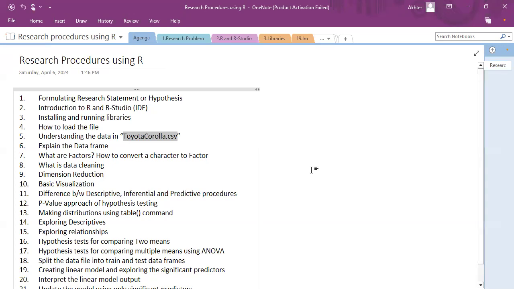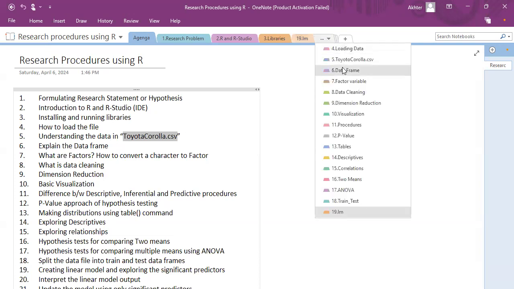These are very simple commands in R, which we will implement to specify the solution of the procedures or the hypotheses we are going to introduce here in the workshop. So let me introduce the file first, and then step by step we will move towards the other things.